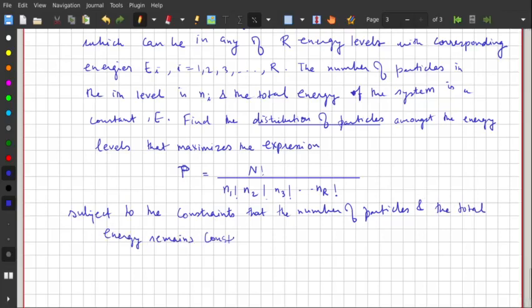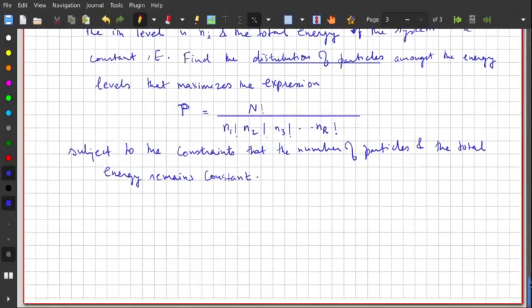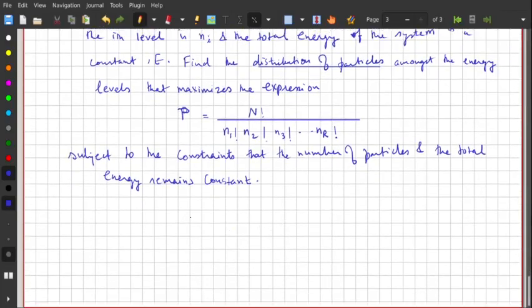So what we essentially imply is we want to preserve mass conservation and energy conservation. So we want to deal with an isolated system basically. Okay, so we can write the constraint in this way.